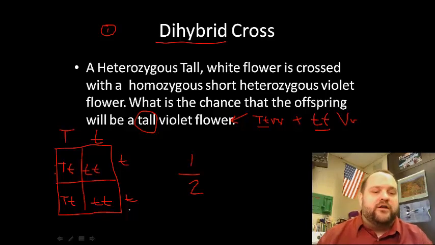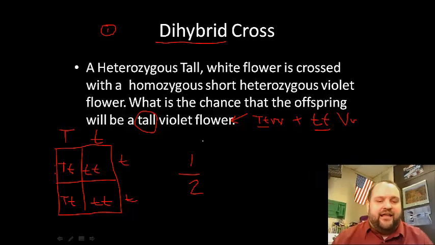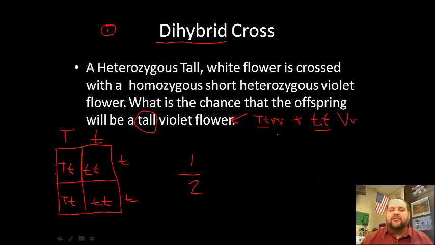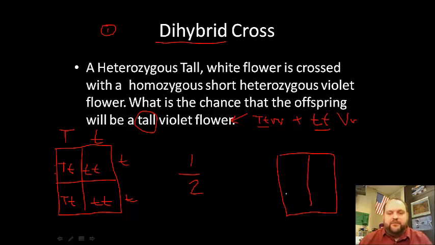Now, we're done with the tall. We've decided that half of them are going to be tall. Let's look at violet. If we do the violet gene, I'm going to do the same thing. I'm going to create a Punnett square over here for the violet gene. This parent here has two little v's, and over here I'm going to put this other parent, big V, little v.